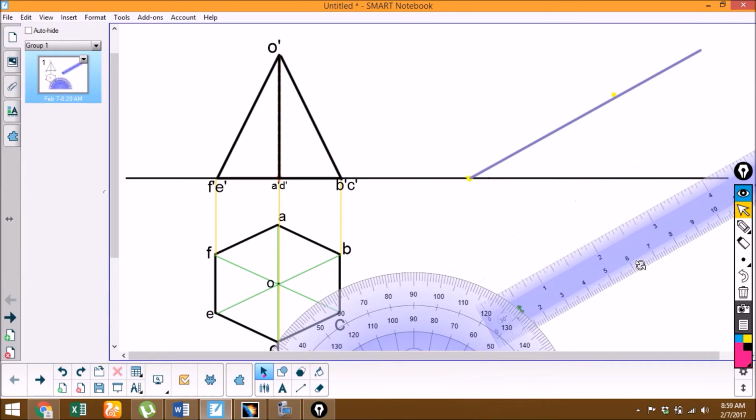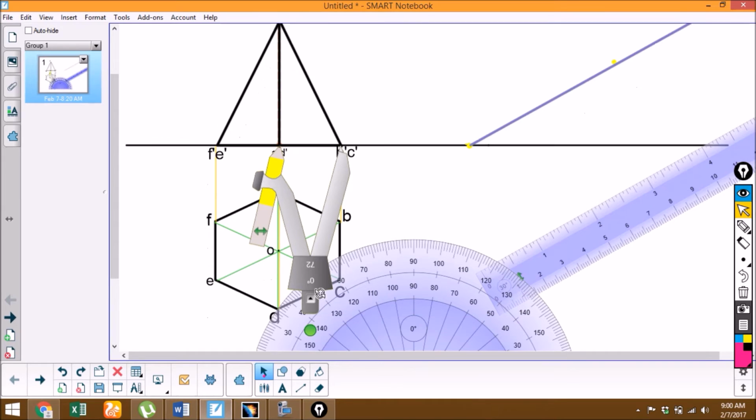Here BC is the edge. With the help of this edge only we change the axis position so that it is inclined 30 degrees with respect to the ground. So B dash C dash must be on the XY line only.